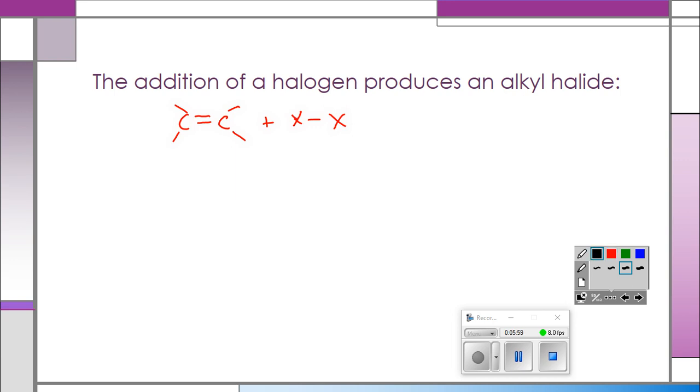Same thing, one of them will go on one side, the other will go on the other side, so that in the end, I have carbons attached with a single bond. They still have whatever they had attached to them, but now they have two atoms of whatever halogen it was. Now this is slightly different. It looks the same as adding hydrogen, but when I go to name a compound, if the thing I'm attaching isn't hydrogen, it's going to change the way I name the compound.